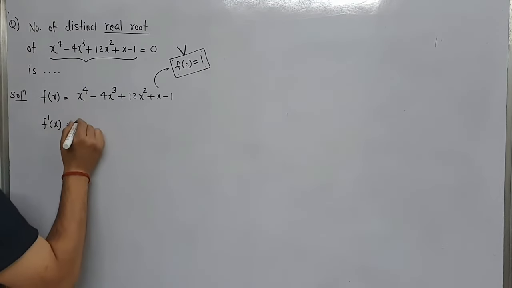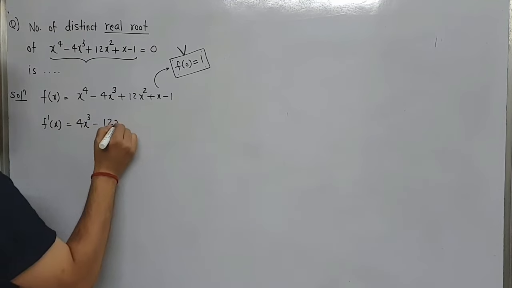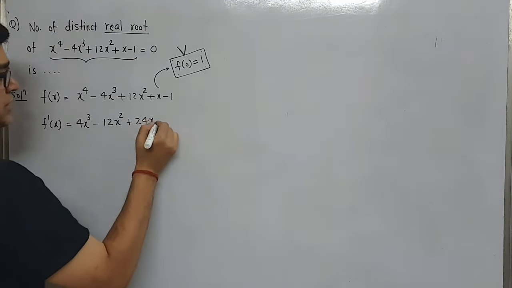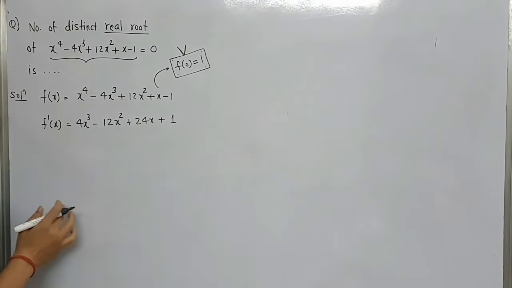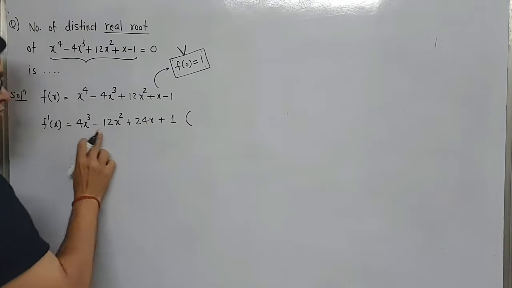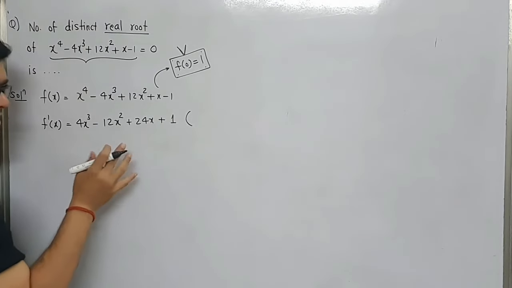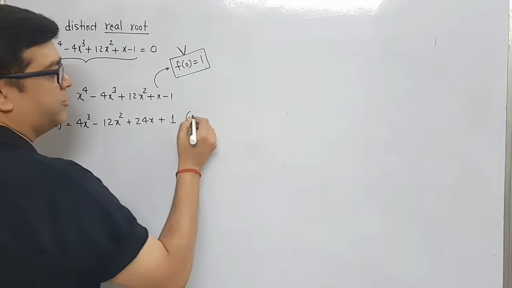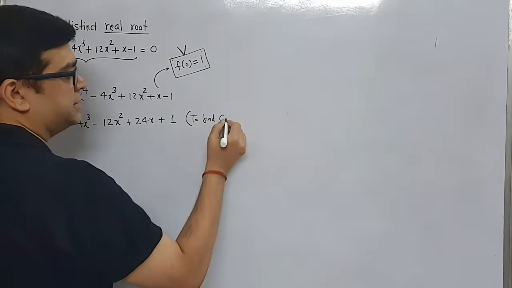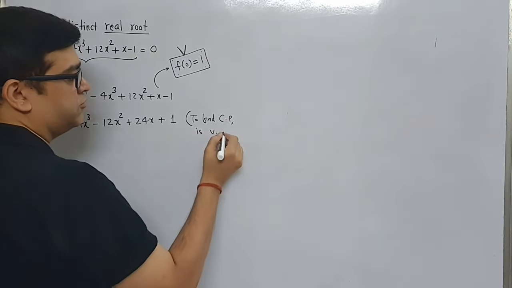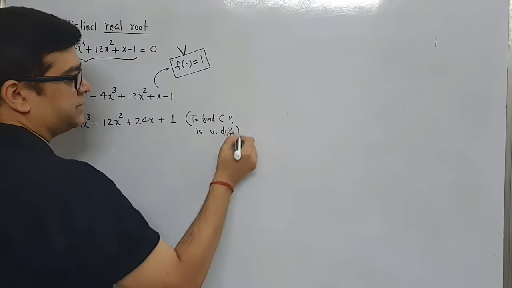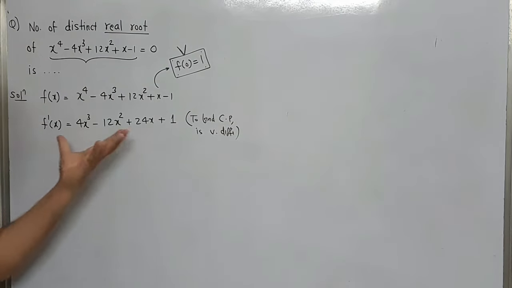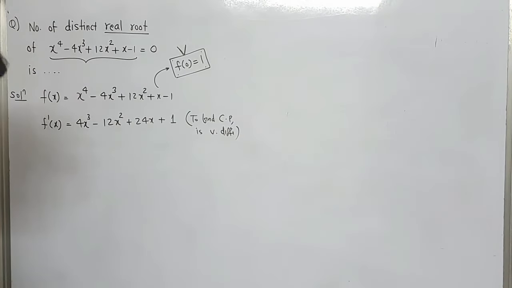Now I find the derivative, I'll get 4x cubed minus 12x squared plus 24x plus 1. The beauty of this kind of question is, if you try to factorize this, it is difficult. Trial and hit method to find critical points is very difficult, so sometimes people spend so much time and can't get the critical points.